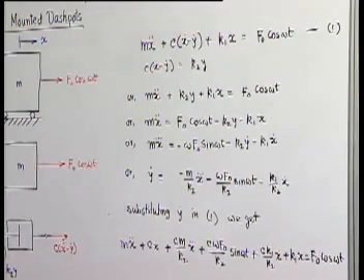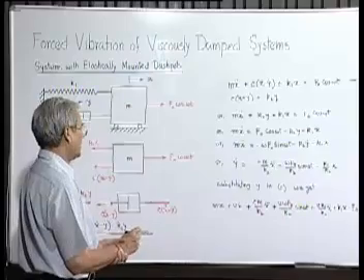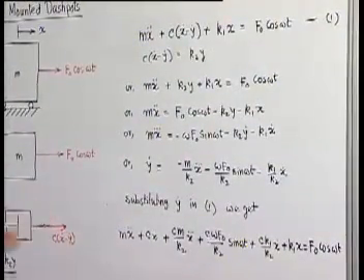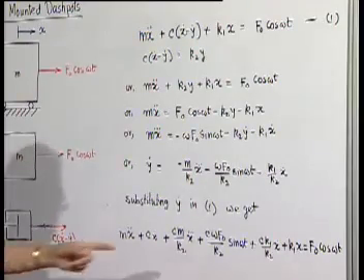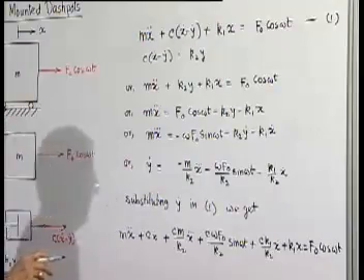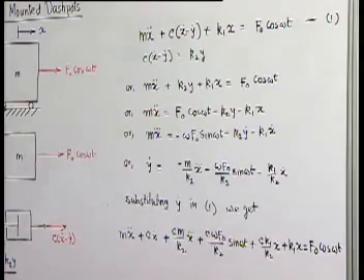So, now we get the equation completely in terms of x and its derivatives, but you can see it is a higher degree equation. It involves x triple dot, x double dot, x dot, x, and so on. So, we can write like this.